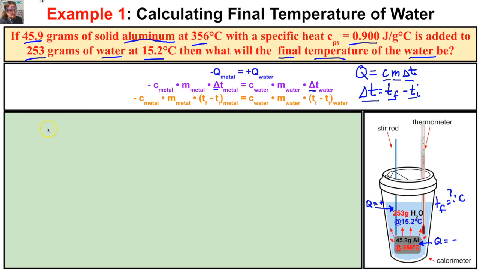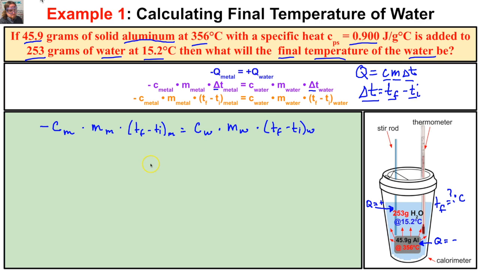What this is telling us is that negative specific heat of the metal times the mass of the metal times the change in temperature of the metal, which is T final minus T initial, is going to be equal to the specific heat capacity of the water times the mass of our water times the change in temperature of the water, or T final minus T initial for our water.